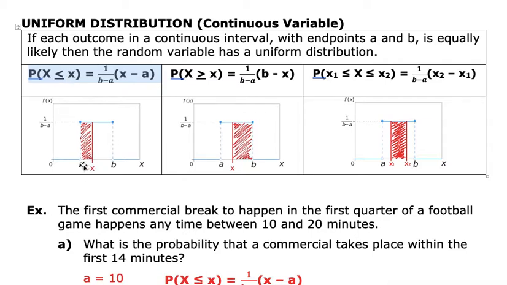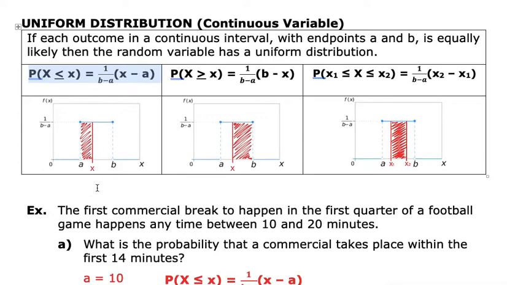It's going to be finding the area underneath the curve, the formula for the area of a rectangle, length times width. So keep that in mind. This is always coming from something. Try your best to understand it, not to memorize it, because these all look similar. Probability that it's less than a particular value. Well, if the values are between A and B, and our interest is whenever it is less than or equal to x, that means that the value must be between A and x. So the side of the rectangle here is x minus A, explaining this component.